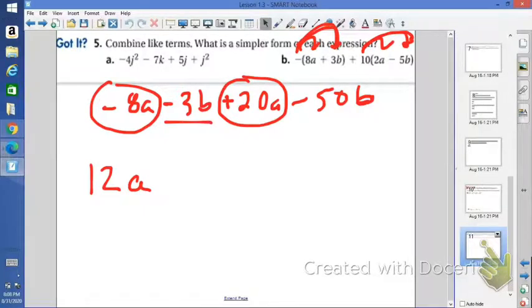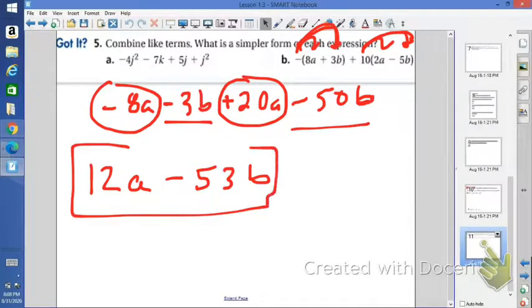A negative 3b and a negative 50b. So negative 3 minus 50, that's going to give us negative 53b. So notice I'm just adding and subtracting the coefficients together and keeping the variable. So here's your answer.